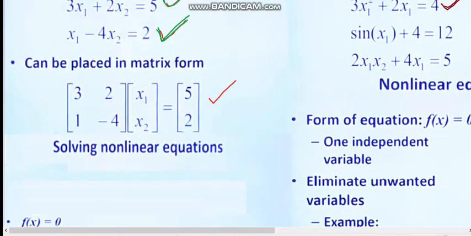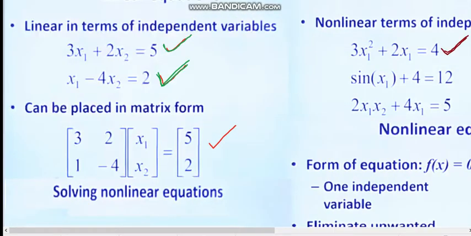Okay. Now if you consider these same linear equations in matrix form, it will look like this. You have this coefficient matrix, the independent variable matrix, and the constant matrix. Now that you represent the equation in matrix form, you can directly solve these matrices to find the solution of these equations.